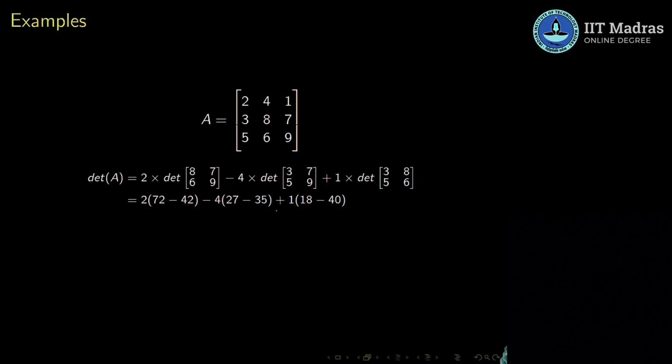So, that determinant works out to be 3 times 9 minus 7 times 5, which is 27 minus 35, and then plus 1 times the determinant of 3, 8, 5, 6, which works out to 3 times 6 minus 8 times 5. So, that is 18 minus 40. So, that is how you get this expression, and the rest of it is a standard computation, which if you complete you should be getting 70.